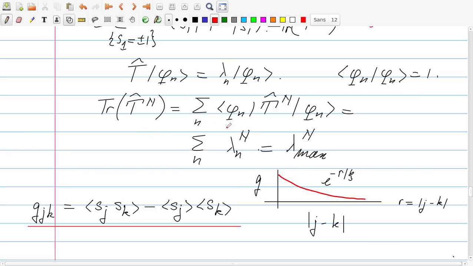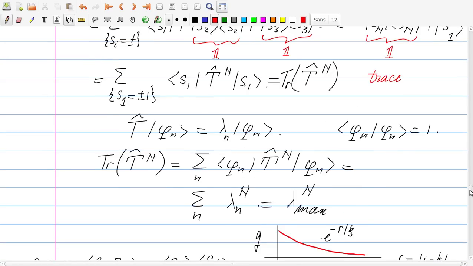And instead of the S1, which we had here, we can also use a basis consisting of eigenvectors, the phi n's. And if there is an eigenvector here, phi n, then the T to the power N is replaced by lambda n, also raised to the power N. And the phi n gives me a 1, so I just get the sum over n of lambda n to the power capital N, which is the length of the chain.